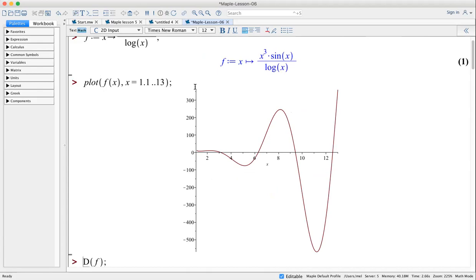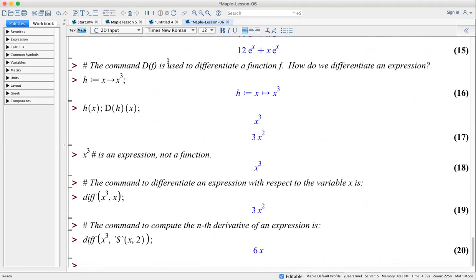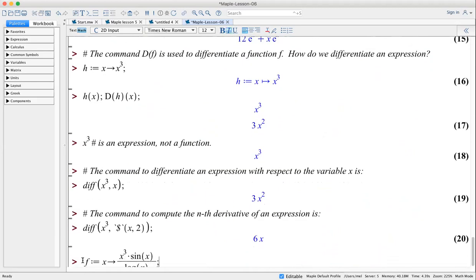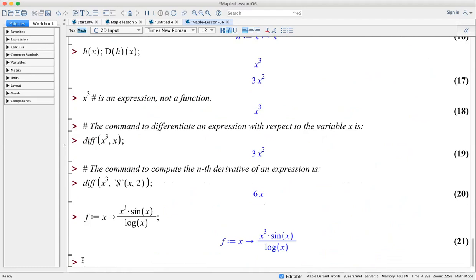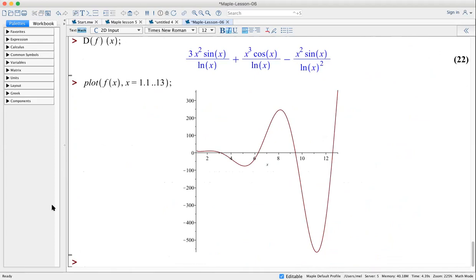What does the derivative look like? Let me just repeat this down here. There's my function f. D of f of x, the derivative, is that. Suppose I plot the function f of x. That's what it looks like.